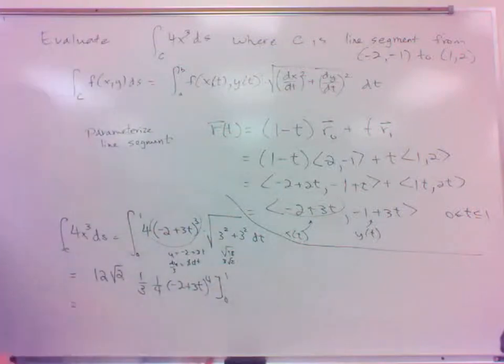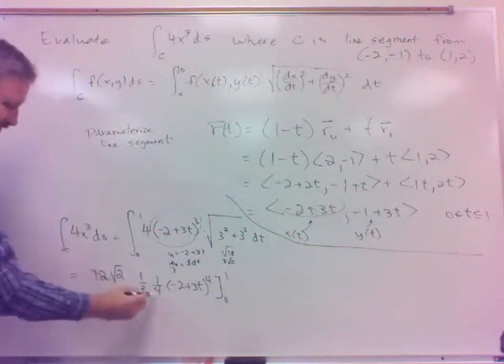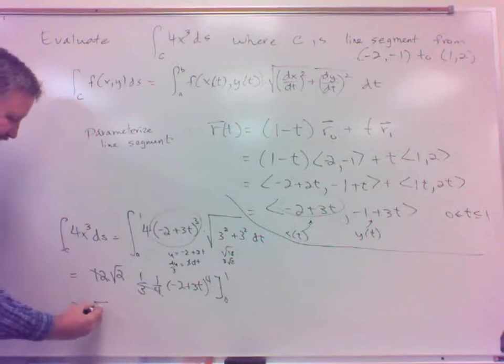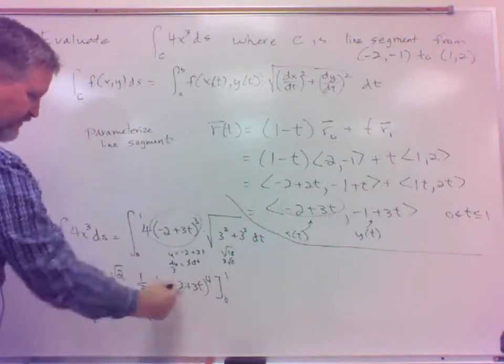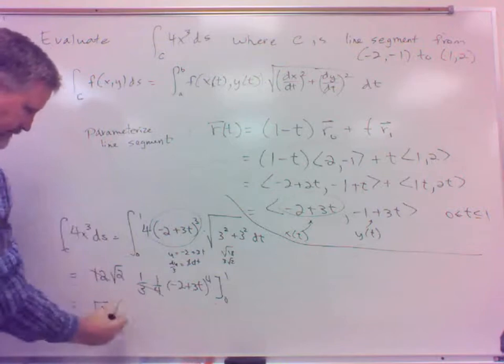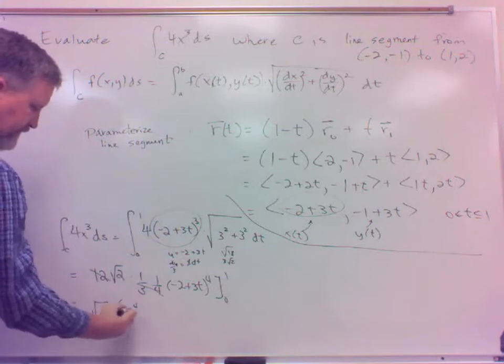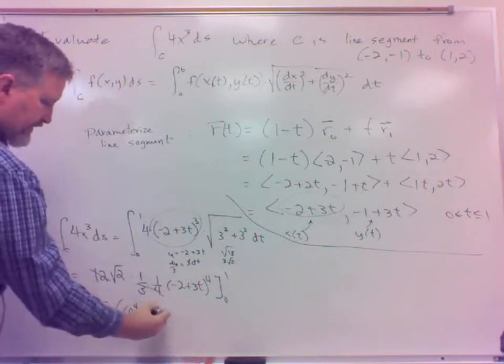Hey, look at that. The 12s would cancel out, so we just have square root of 2. Plug in the 1, it'll be 1 to the fourth, right? And plug in the 0, we'll have negative 2 to the fourth.